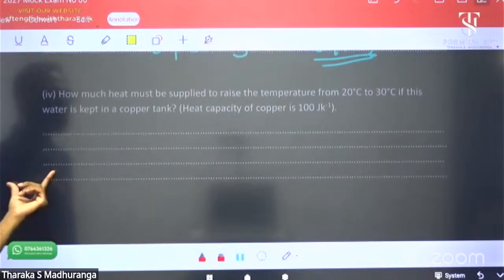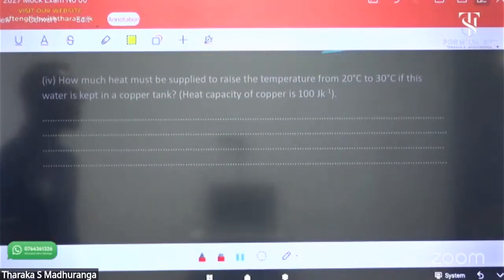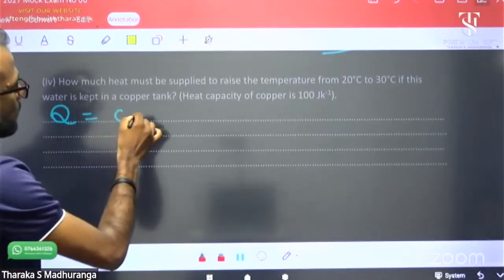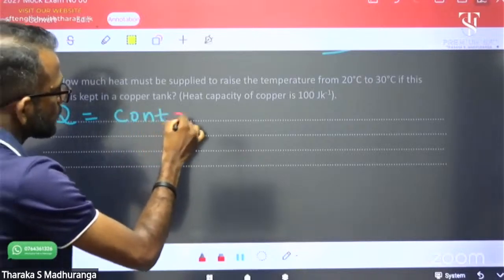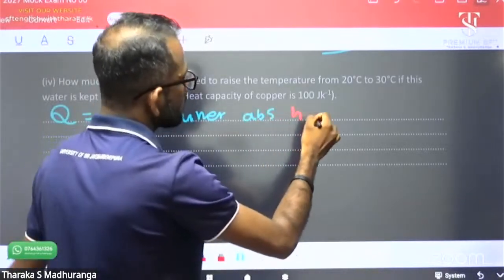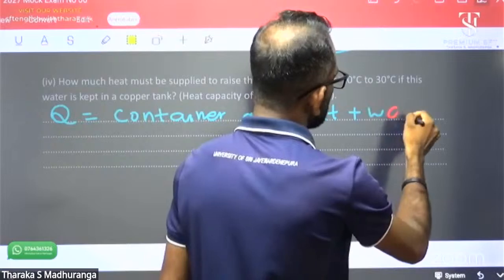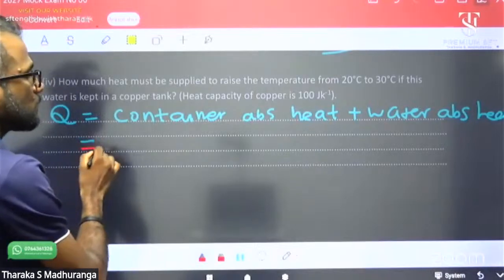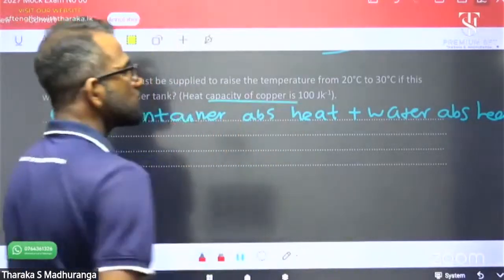How much heat must be supplied to raise the temperature from 20 Celsius to 30 Celsius if this water is kept in a copper tank? Now it is the same water amount in a copper tank. Then Q equal container absorbed heat plus water absorbed heat. For the container, the heat capacity is given.